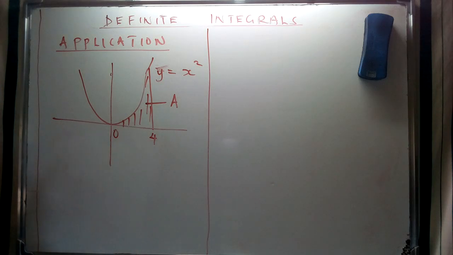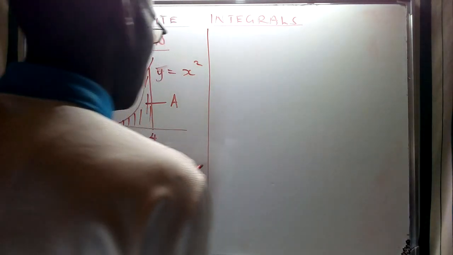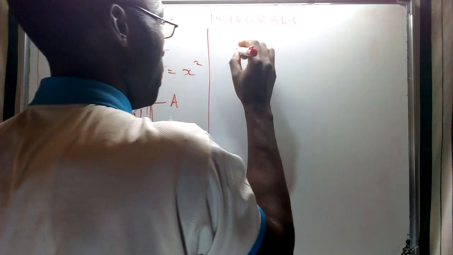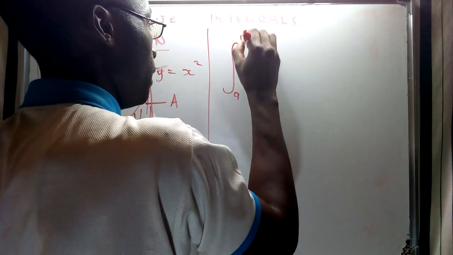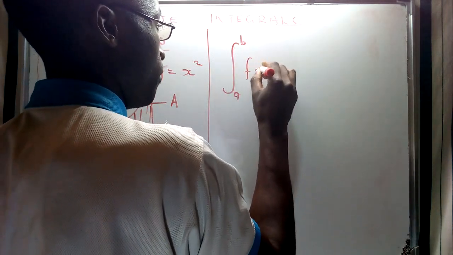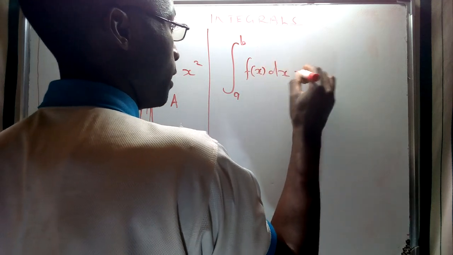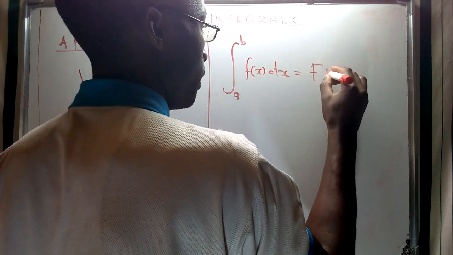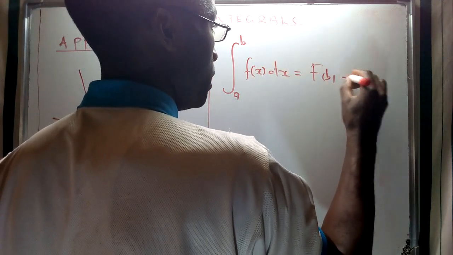Earlier on, we said that we can give the general formula for the definite integral of f(x) dx as F(b), the upper limit, minus F(a), the lower limit.